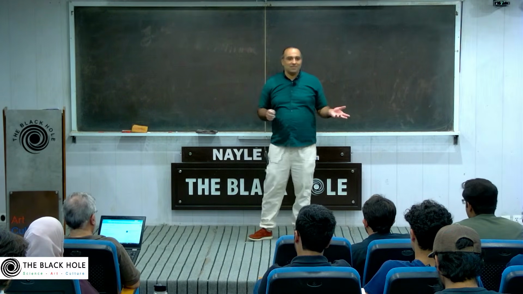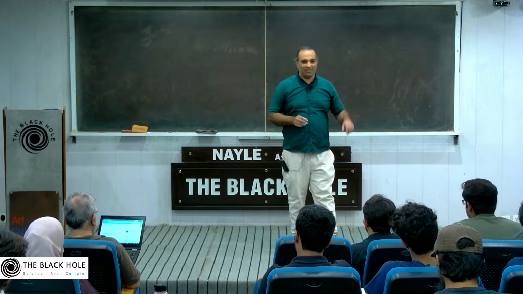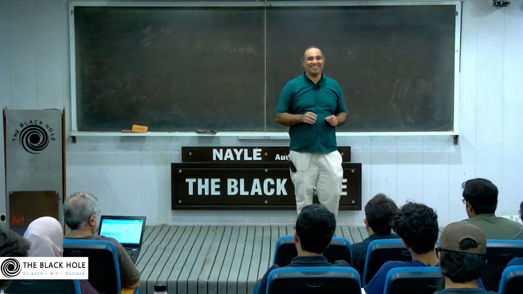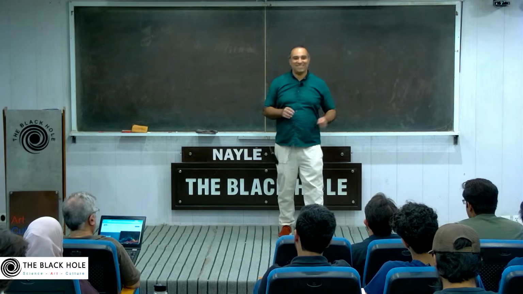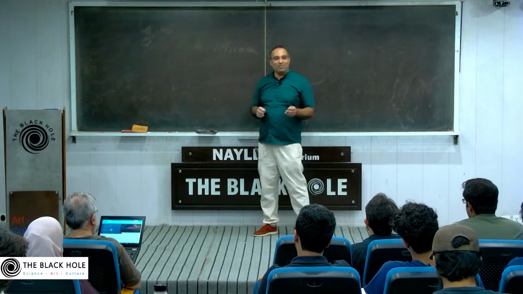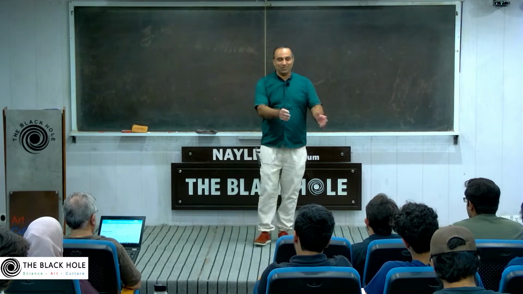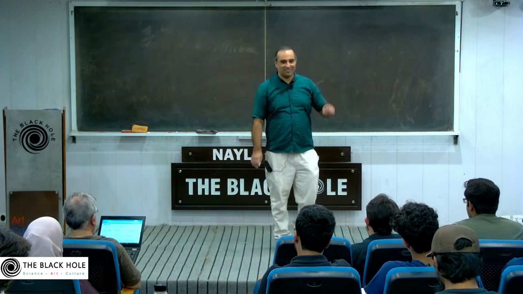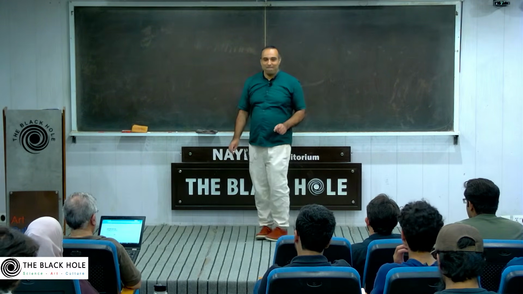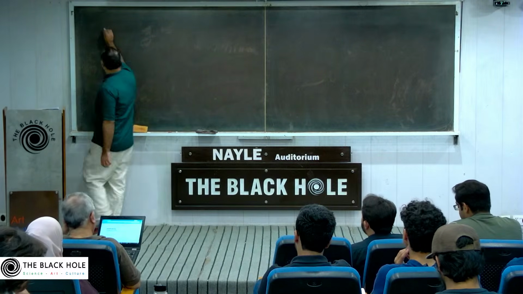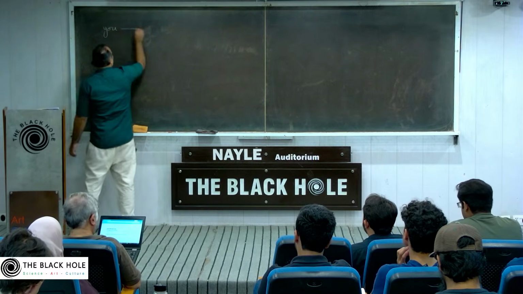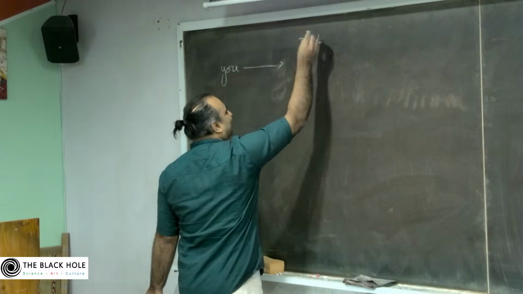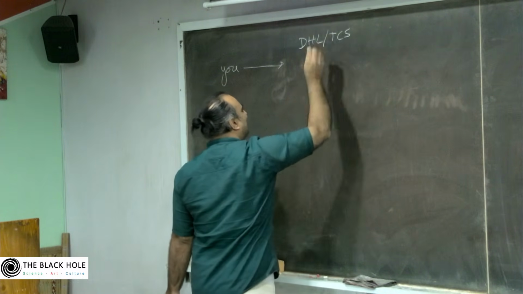Just like other parcels, you go to a courier service, and this courier service is very special. They can send quantum states, and you give your system to them. You say, this is my system, please teleport it to that address. Suppose it's DHL or TCS here or whatever.